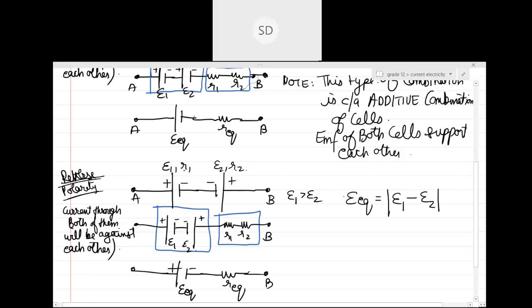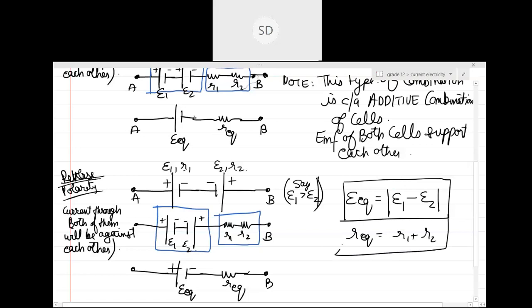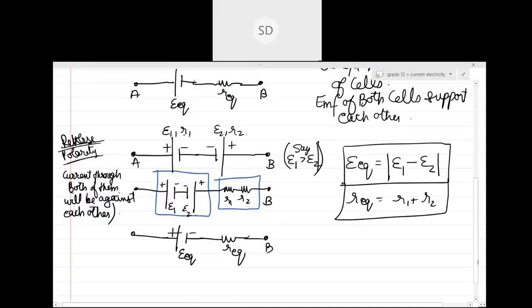Is it fine if I write that as a mod, so that at least it will become a general formula for you? And can you see R1 plus R2 are still added?